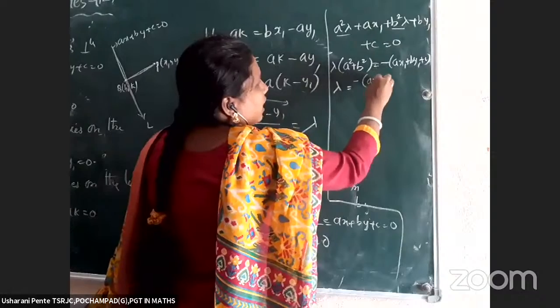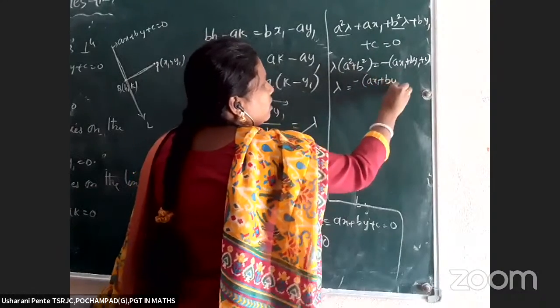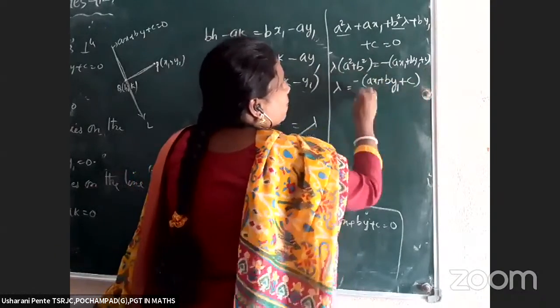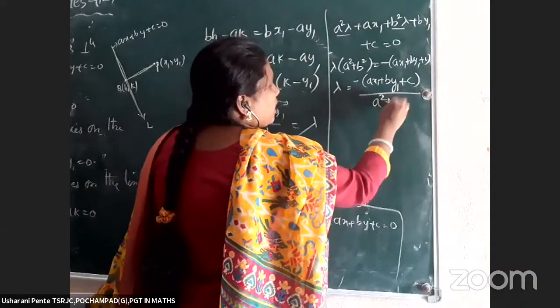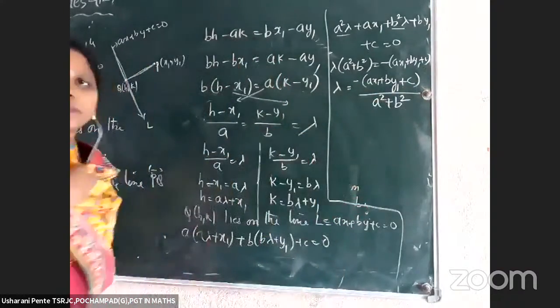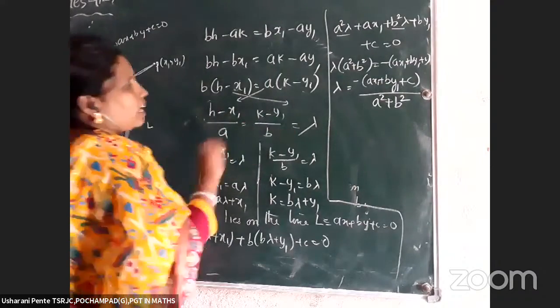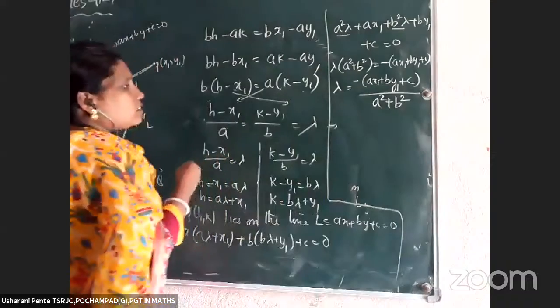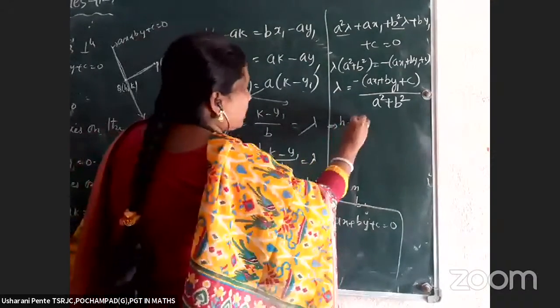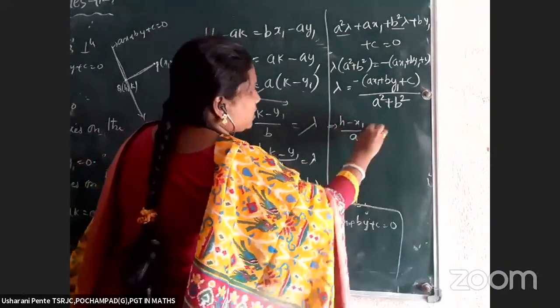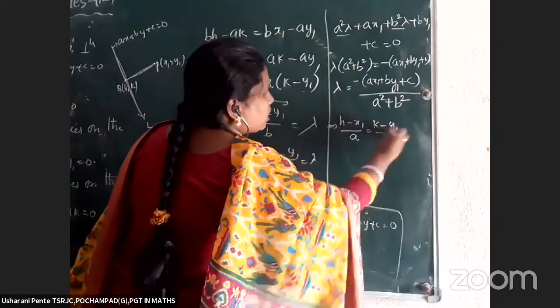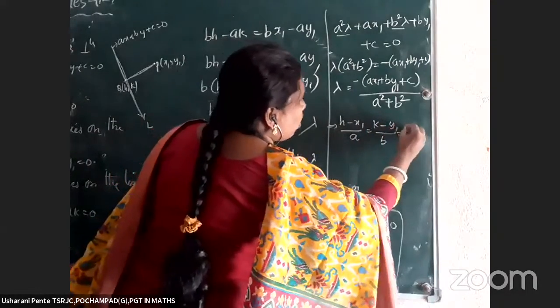Minus of (ax1 + by1 + c) by a square plus b square. So here I am substituting that, so that I am getting the foot: (h minus x1) by a is equal to (k minus y1) by b is equal to how much?